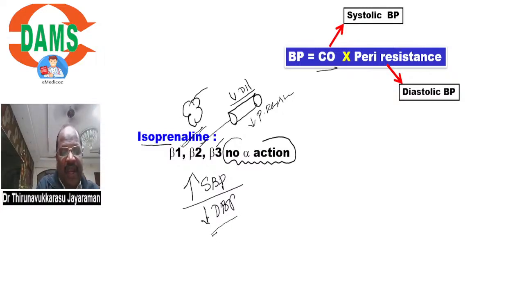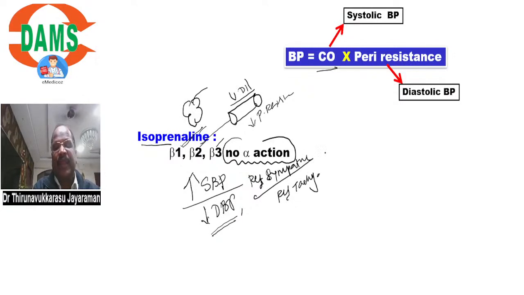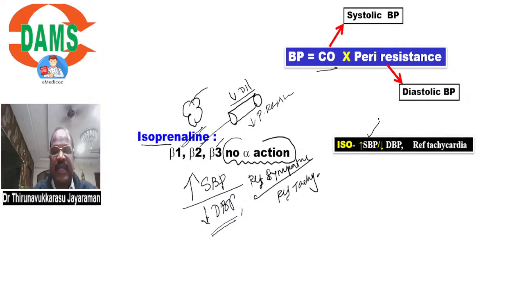Whenever there is a fall in diastole, our body wants to compensate for that, and reflexly the sympathetic system gets activated. That may cause reflex tachycardia. So, the take-home message: isoprenaline causes increase in systole, fall in diastole, with reflex tachycardia. The reflex tachycardia is due to reflex sympathetic activation.